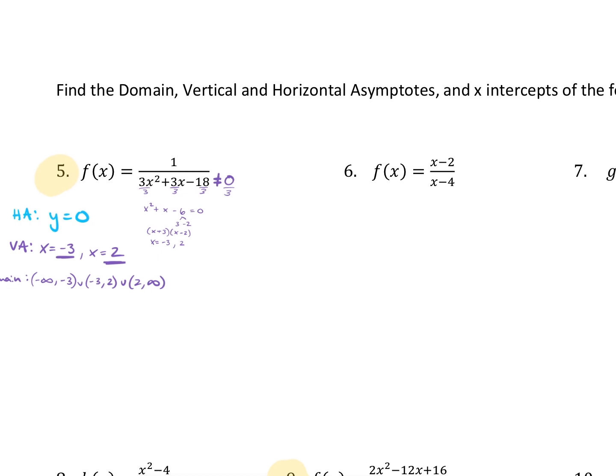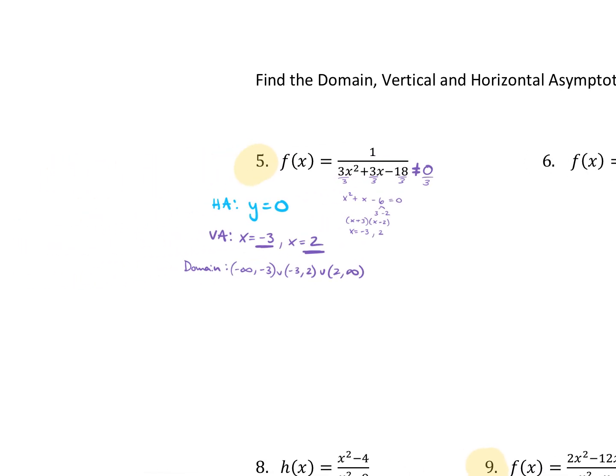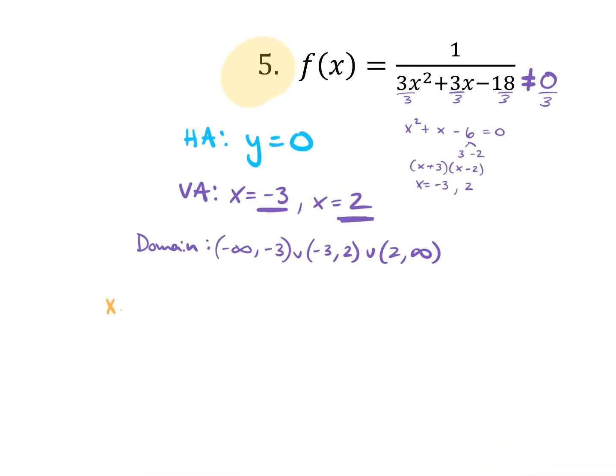And then for x-intercepts, remember x-intercepts are the same thing as finding the zeros. On the test, it could say find the zeros, or it could say find the x-intercepts. What would we do here to find the x-intercepts?